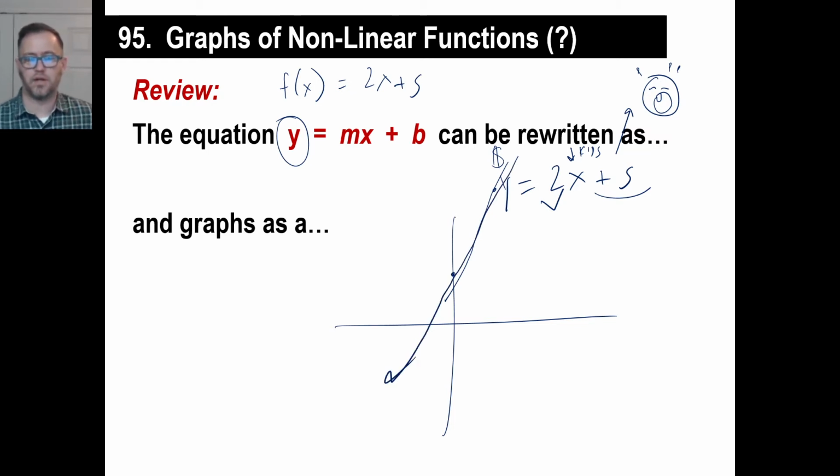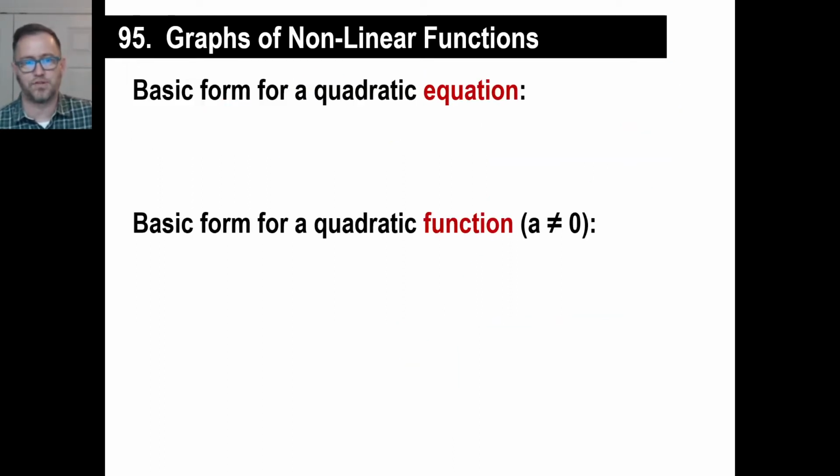That's your linear function. We're going to do nonlinear functions today, okay, so non-lines. We're going to do the basic form for a quadratic equation. We've done this before. We've got ax squared plus bx plus c equals 0. And don't make this too complicated. That just means we have one unknown, x, and we have a certain number of x squared, a certain number of x's, and some constant, and it equals 0.